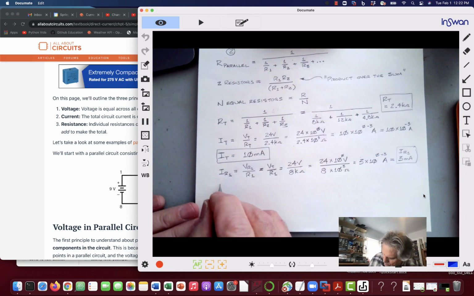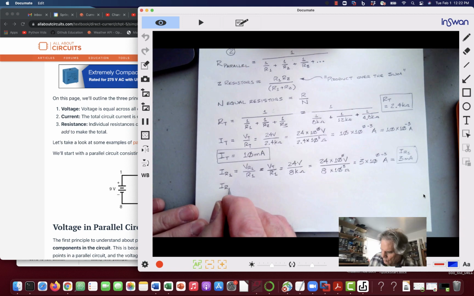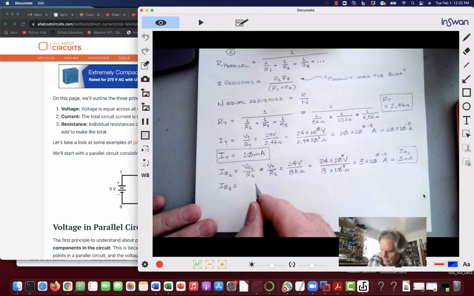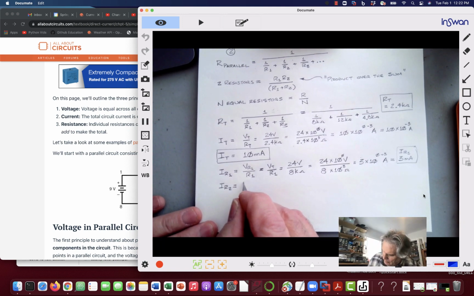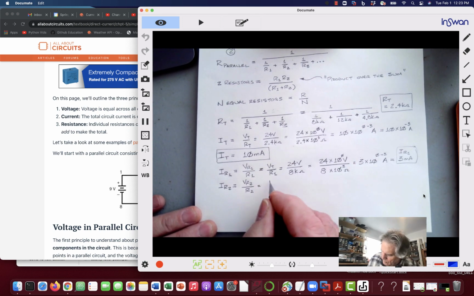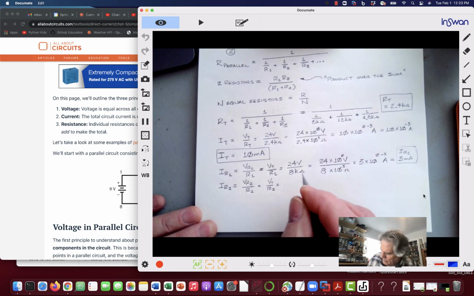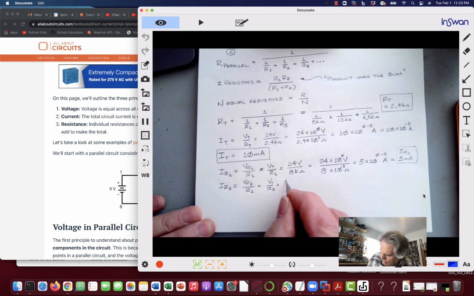Likewise, IR2 is equal to VR2 over R2, and that's equal to V total over R2, and that's equal to 24 volts divided by 12 k ohms.